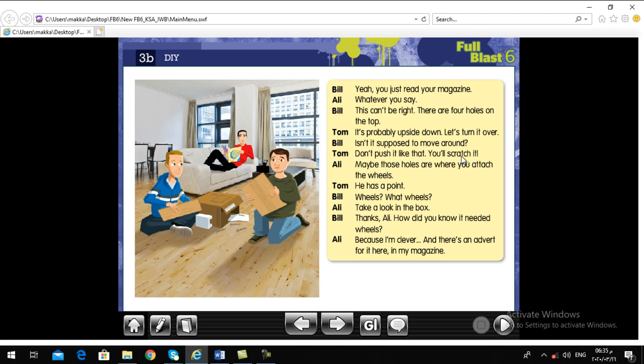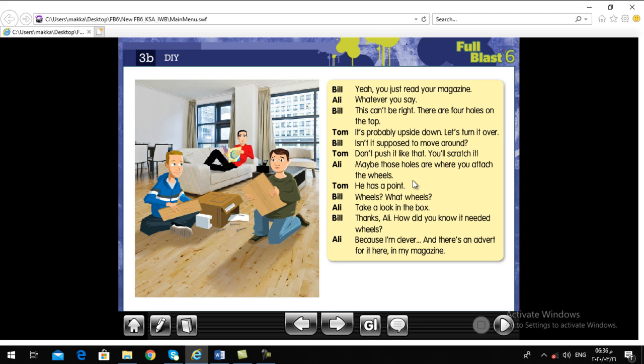Scratch means to damage the outer surface of something, the cover. You know the lion, when it comes to the door of a house, it scratches the door with its paws, to damage the surface of something.